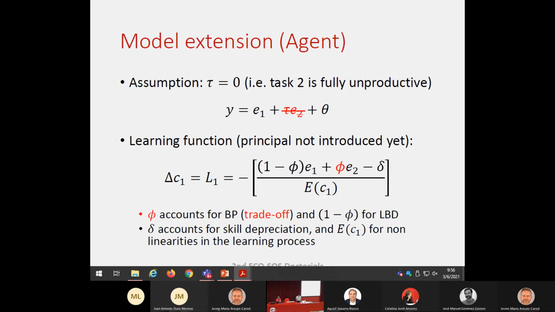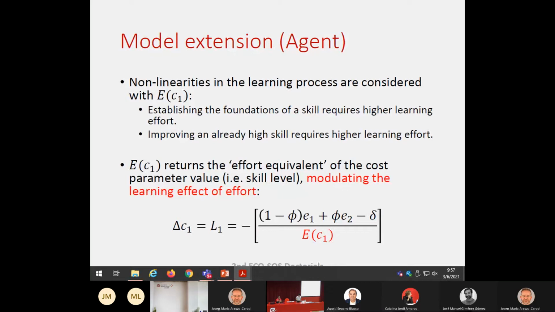And this function over here that I won't go into detail, this E of C1, is just a function that accounts for some non-linearities. What do I mean with this? The learning process is not linear. Exerting some learning effort is not the same if you are just beginning to develop a skill, if you are in the middle, or if you already have a high level of that skill.